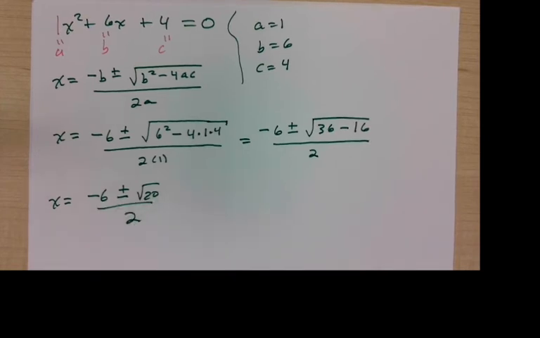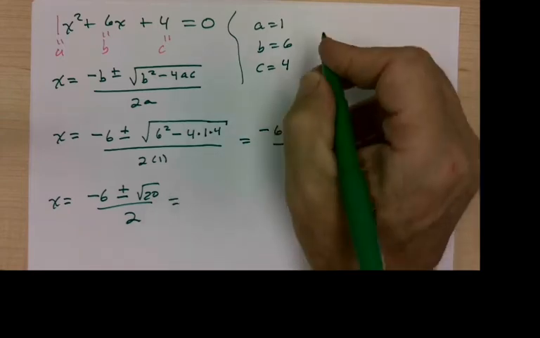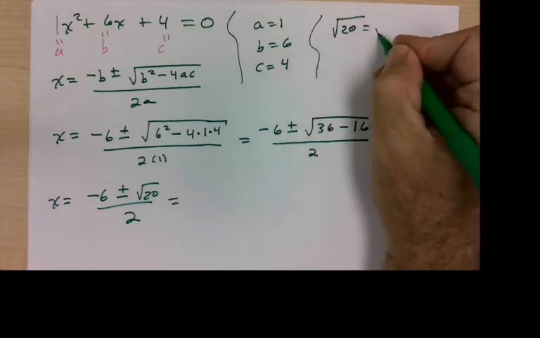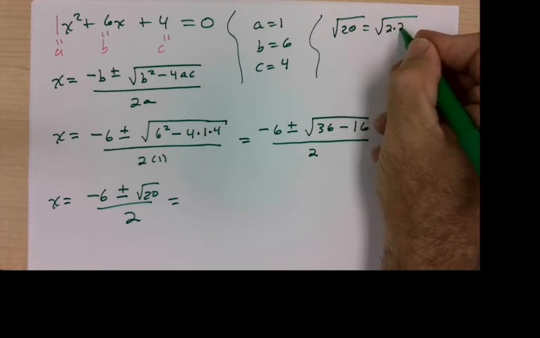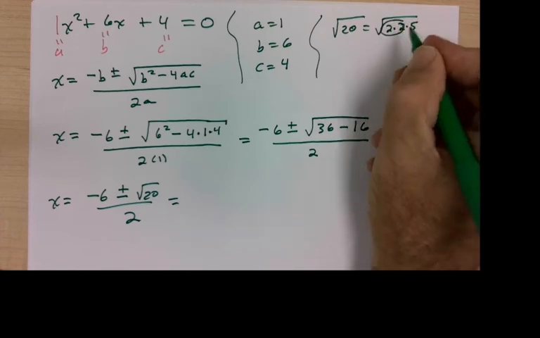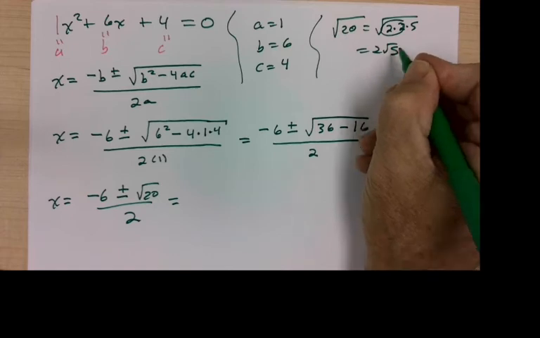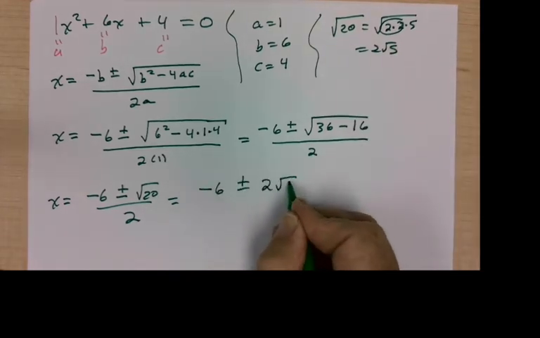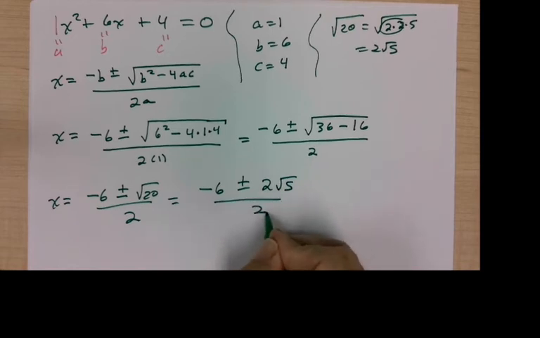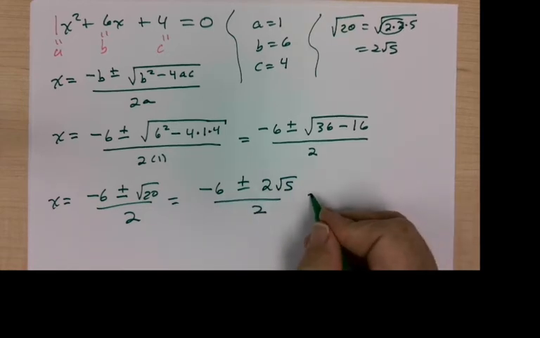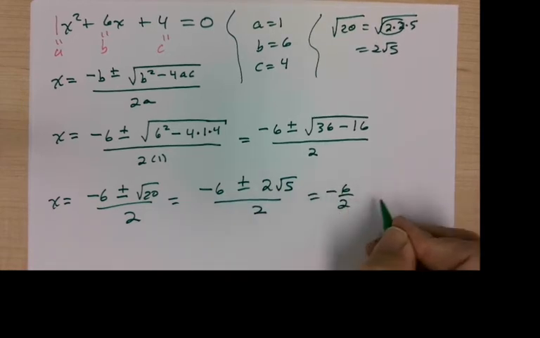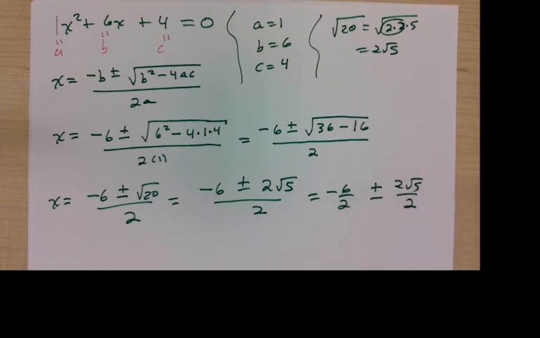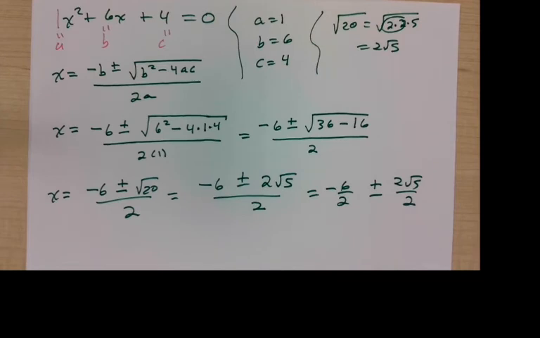So we should probably simplify root 20. Root 20 is root 2 times 10, 2 times 5. The 2's come out, and that's 2 root 5. So we get negative 6 plus or minus 2 root 5 over 2, which is negative 6 over 2 plus or minus 2 root 5 over 2.